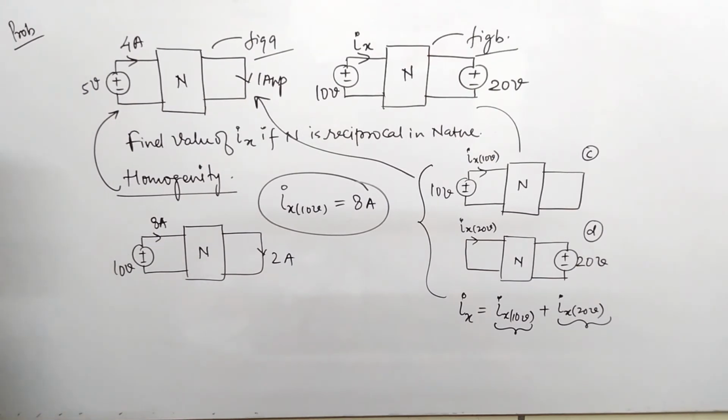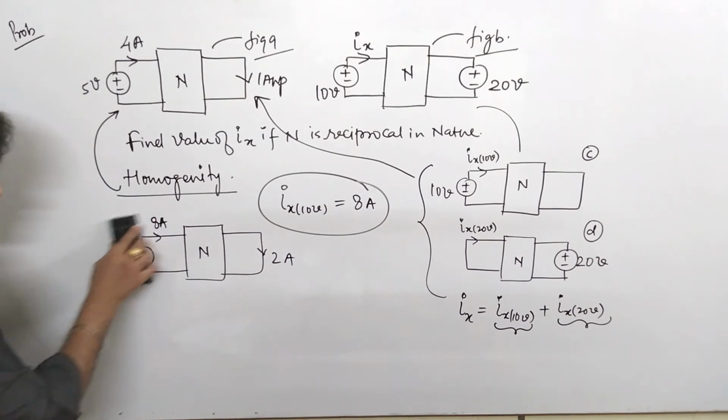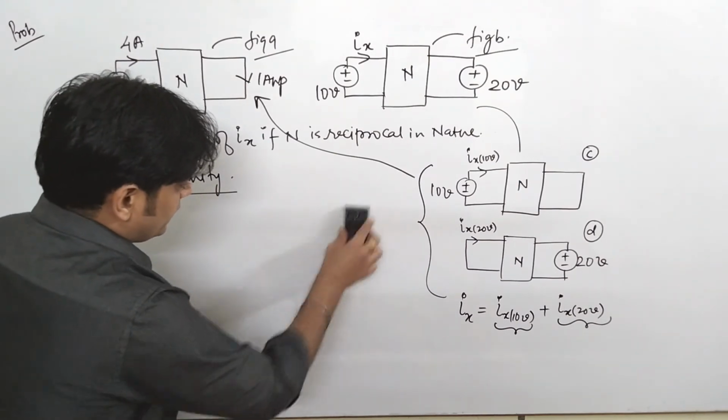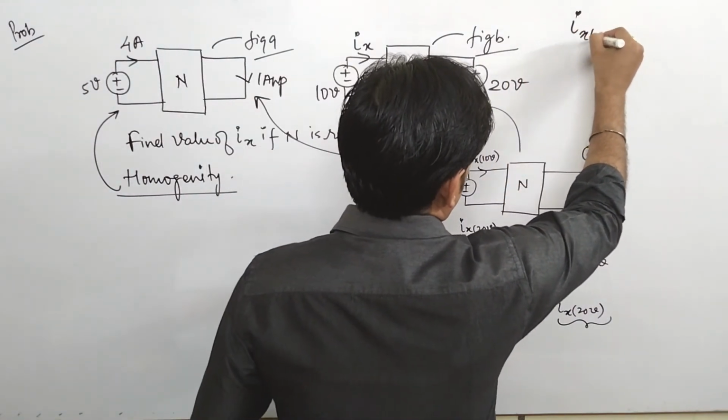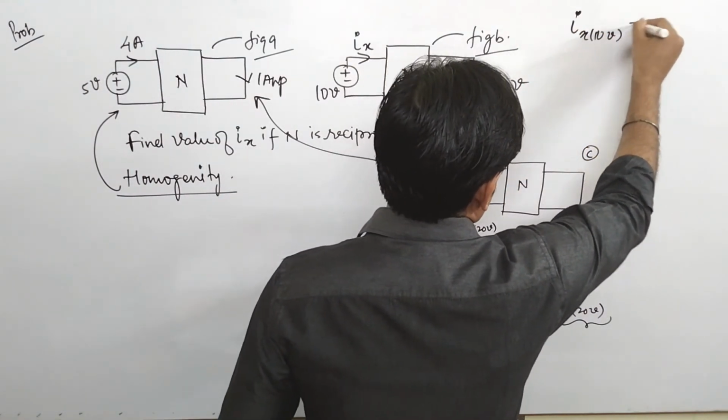Now next we will find the value of Ix because of 20 volt. So I write here that the value of Ix 10 volt is 8 ampere.